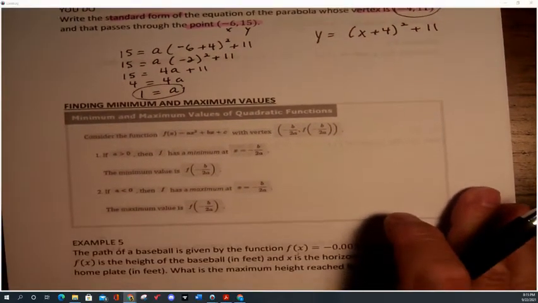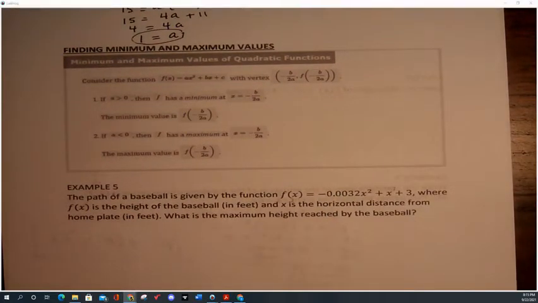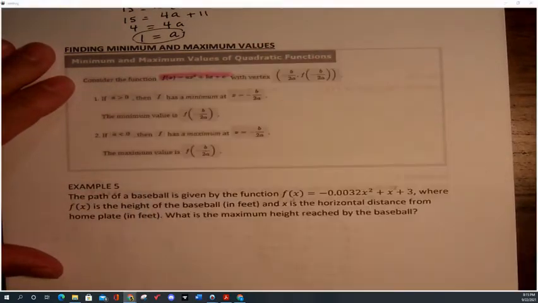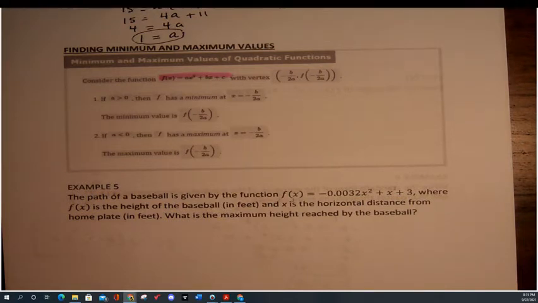All right, so let's continue. Finding minimum and maximum values. Let me highlight some important pieces in here. I used to call this standard form, but I believe your book is calling this general form. Since we can't use standard form for this, the standard form, remember, is the vertex form that I use.